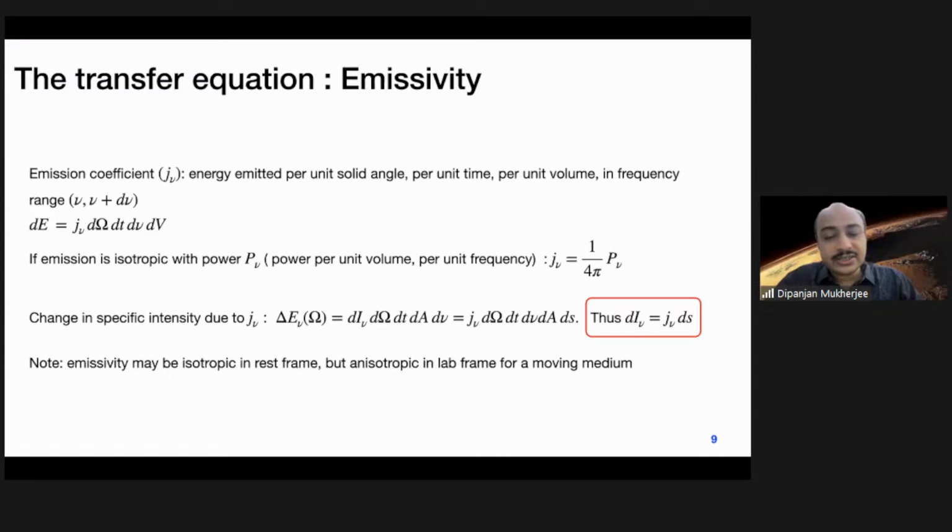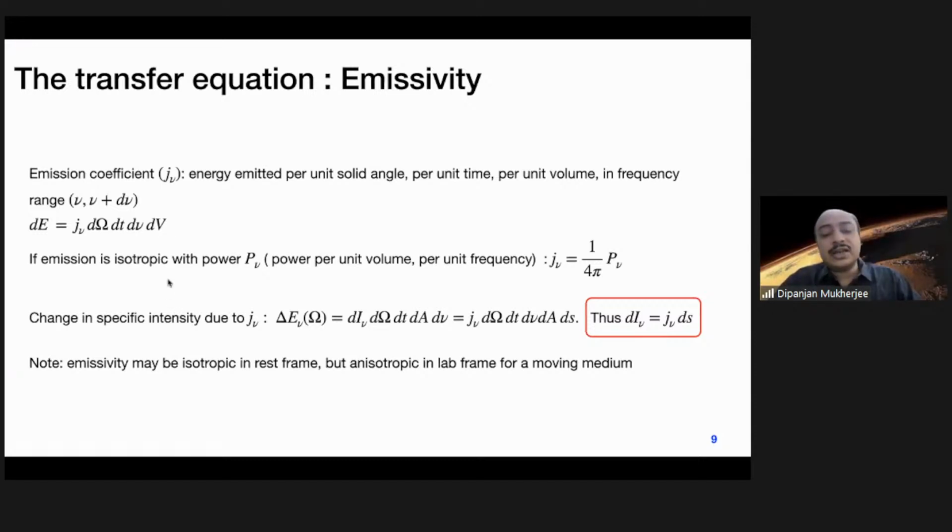Okay, so essentially the difference between the emission coefficient and intensity is that we have per unit volume here, and for intensity we have per unit area. So the total amount of energy emitted by a given process in a unit volume dV is j nu times d omega dt d nu and dV, of course.